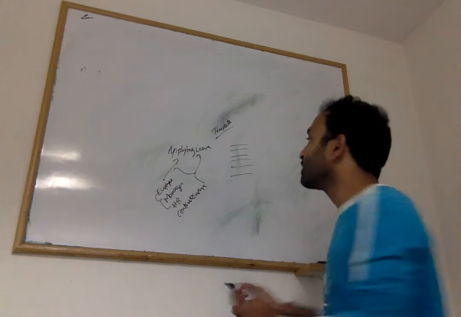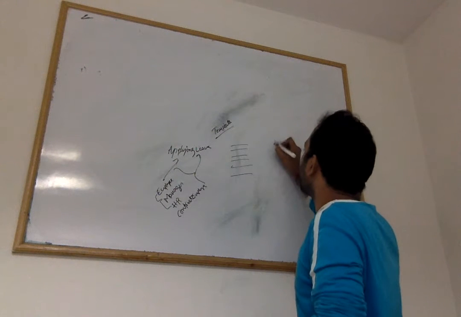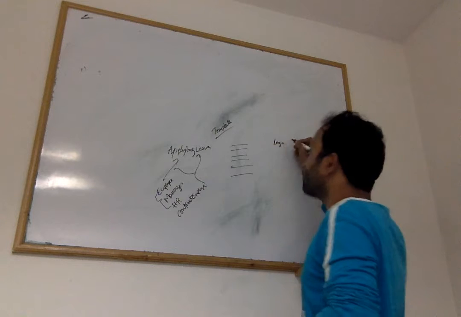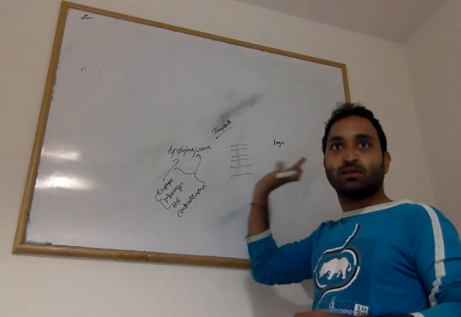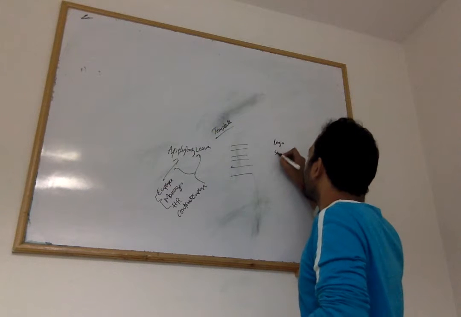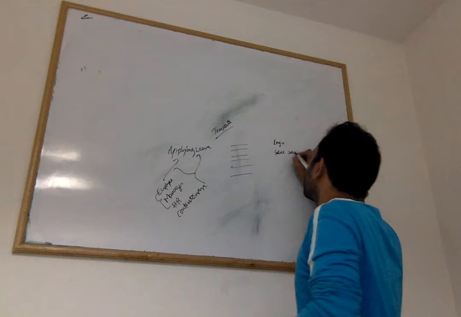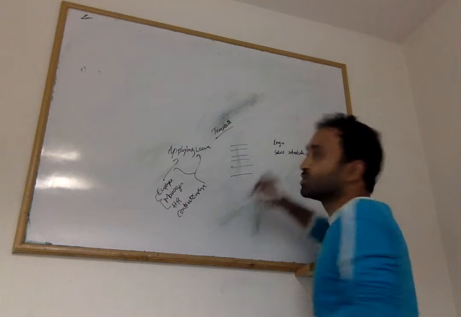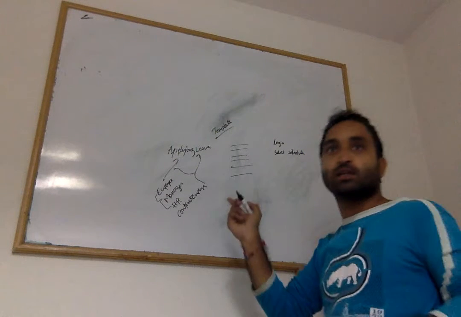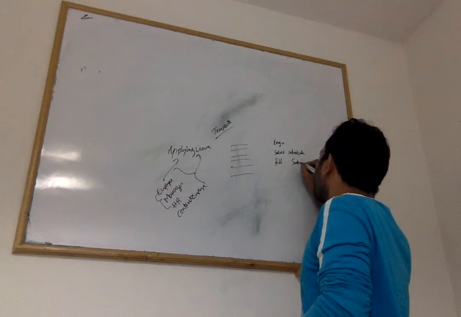In a normal flow, he will log in. Login wise, you don't see any change. Then he will select the schedule leave, select the date, fill in the reasons, and submit it.